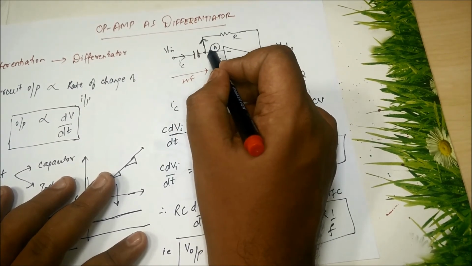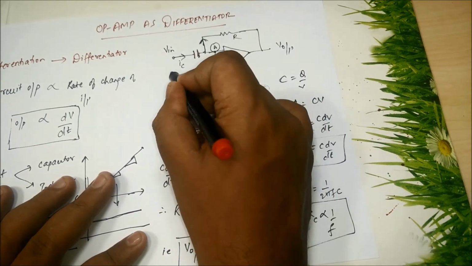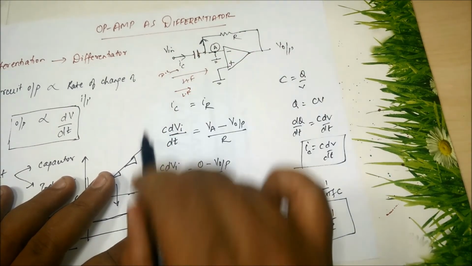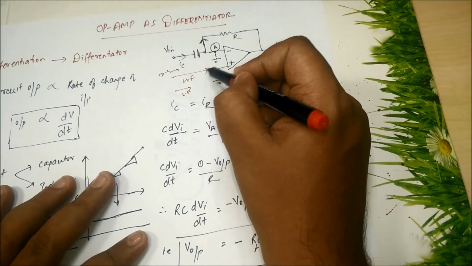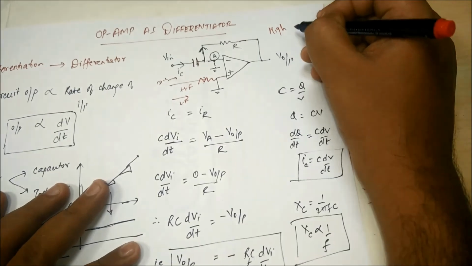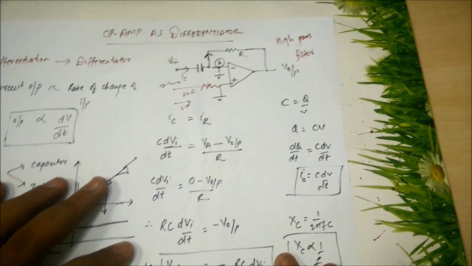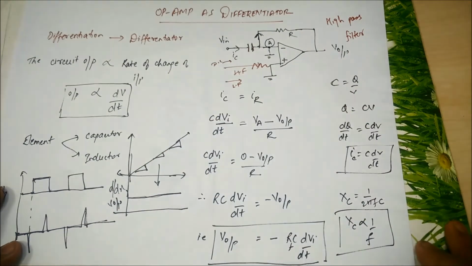For DC it will completely block. So out of high frequency, low frequency and DC, who can pass through the capacitor? Only high frequency. So this is why it is also called a high pass filter. I hope you understood the differentiator circuit.